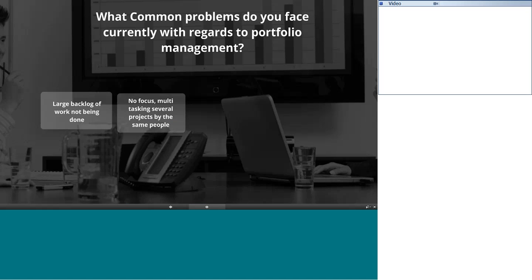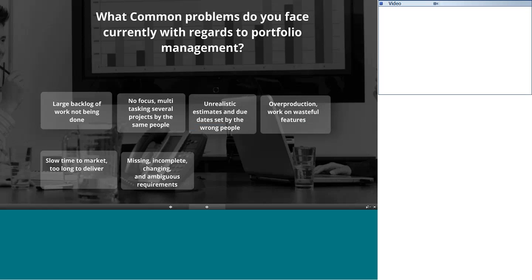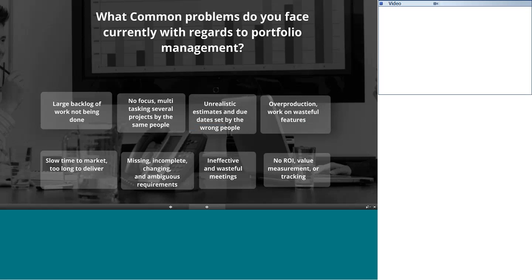You also have no focus or multitasking on several projects by the same people. Then you have unrealistic estimates and due dates set by the wrong people, overproduction on wasteful features, slow times to market or projects that are taking too long to deliver, missing, incomplete, changing, and ambiguous requirements, ineffective and wasteful meetings, and lastly, no ROI value measurement or tracking in place.